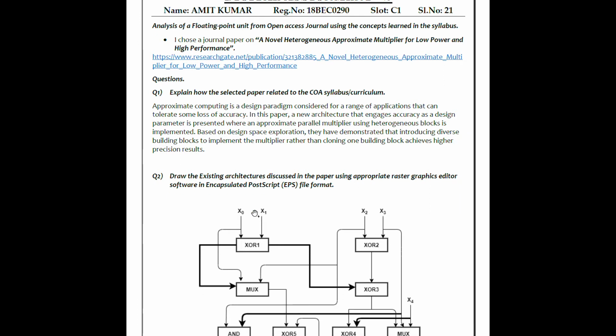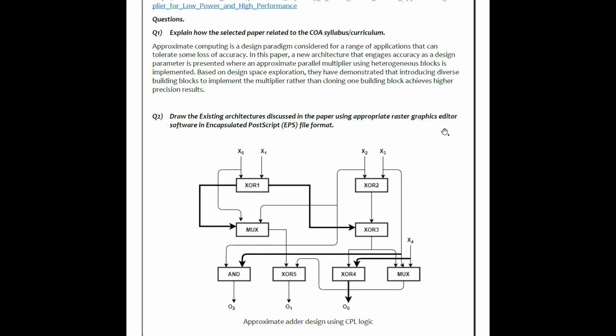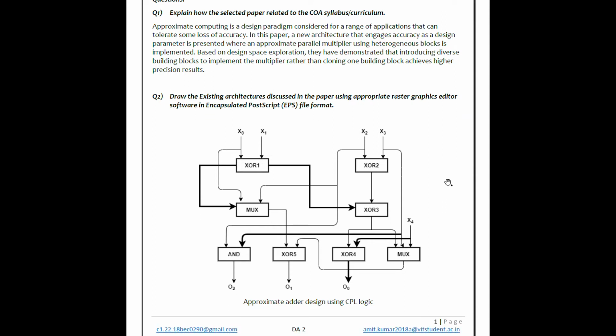Second question is about drawing the existing architecture using any graphics editor software. So I have used draw.io, which is very simple to use, and this is the diagram for that.